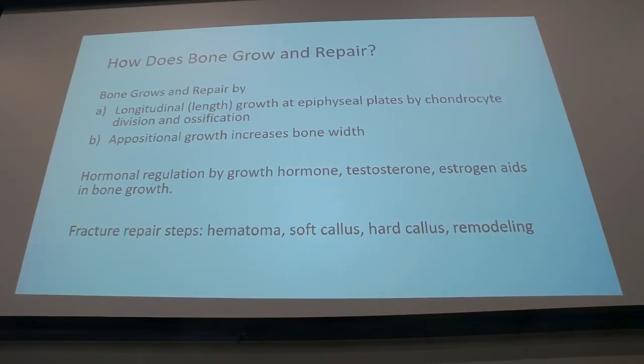Now, what hormones help or participate in the growth of bones? Well, it would be growth hormone, which is secreted by a gland that we have in the brain that is called the pituitary gland.